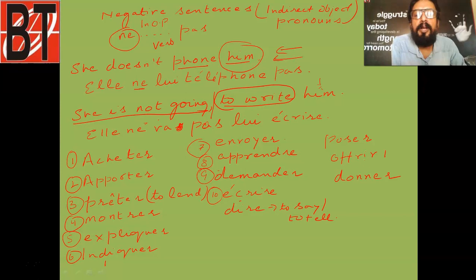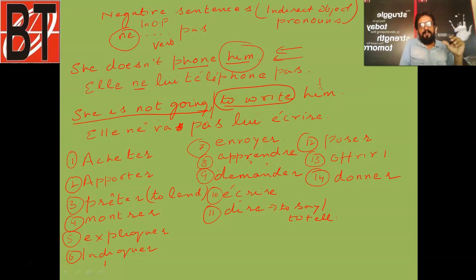Écrire, to write. Dire, to say, to tell. And it's very important, poser, offrir, to offer, and donner, to give. So these are the 14 verbs that are very important to write the indirect object pronoun.